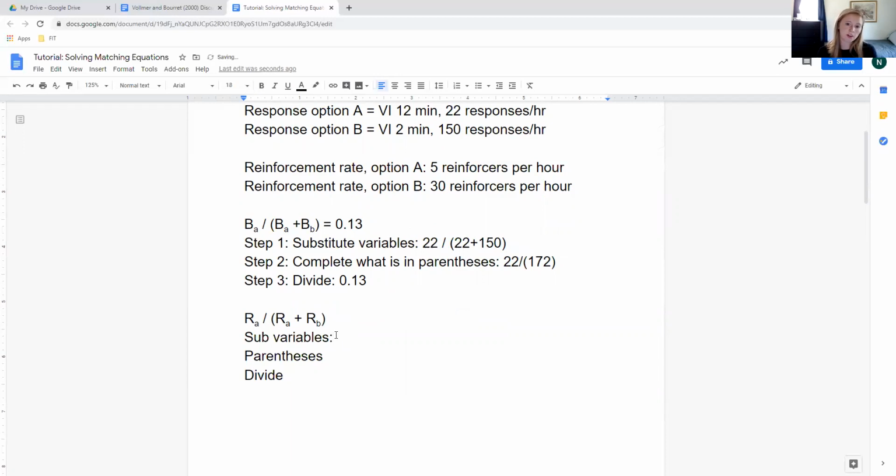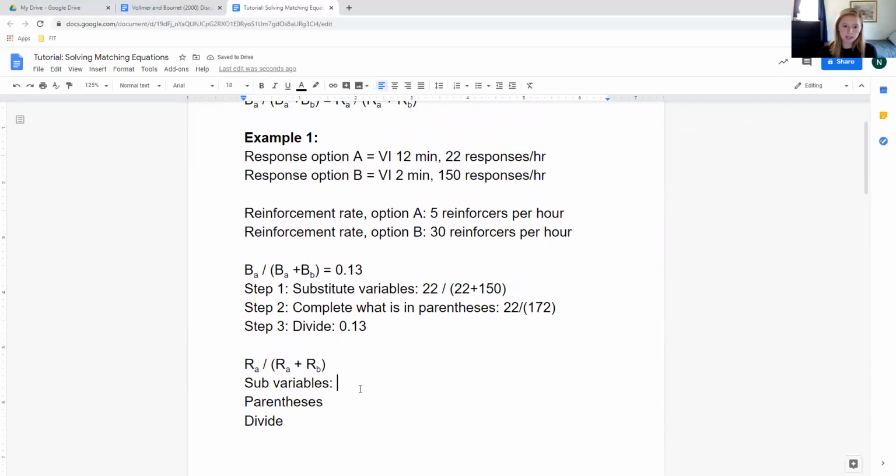When we're substituting our variables, in this case, our reinforcement rate for option A is going to be 5 reinforcers per hour divided by the sum of the reinforcement rates for option A and B. So 5 plus 30. To complete what is in the parentheses, 5 plus 30 is 35, and we will do that.